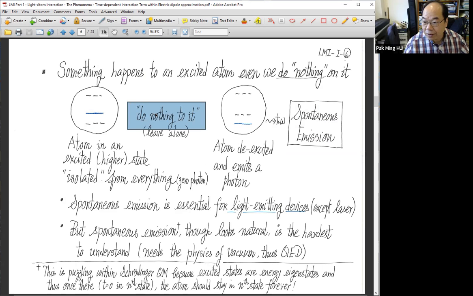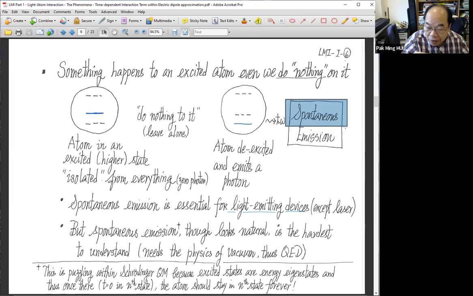We just leave it there. But then, in a very short time, usually, the atom will be de-excited by itself. That is called spontaneous, 自发的 in Chinese. You don't need to do something to it. It will happen by itself. So this is spontaneous emission.